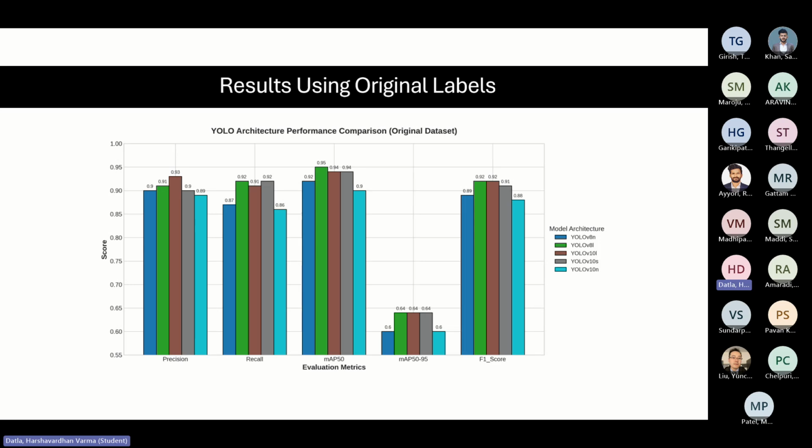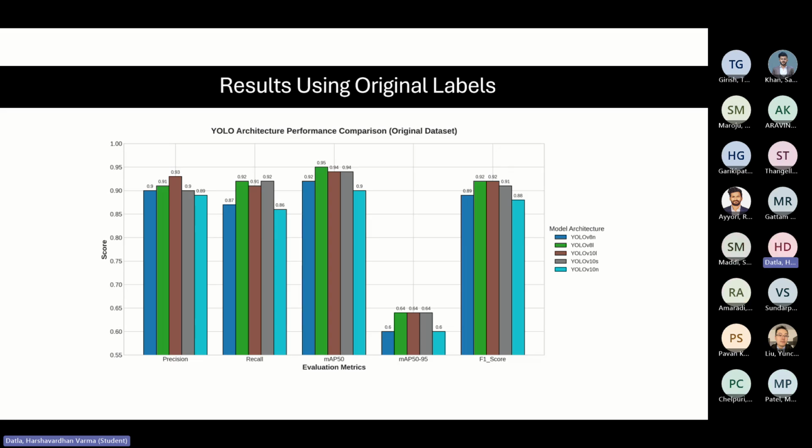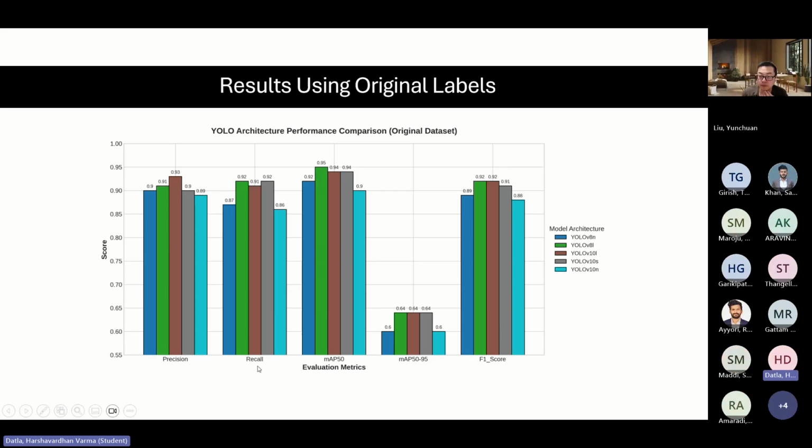So these are the metrics that have been displayed when training the YOLO models V8N, V8L, V10L, V10S, V10N over the dataset using the original labels. As you can see, the metrics are precision, recall, mAP50, mAP50-95, and F1 score.